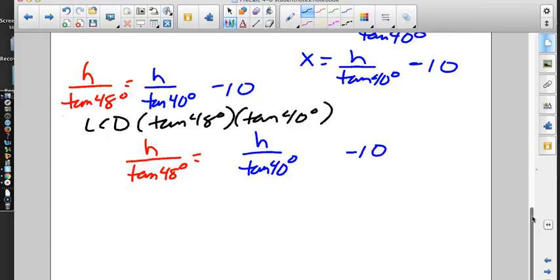So all the way across the top, we're going to multiply everything by both the tangent of 48 degrees and the tangent of 40 degrees. Which, kind of good news, you can see the canceling that's going to take place as we go through there. It'll get rid of them for us. And remember that even though it looks nasty, these are numbers that our calculator is holding for us.